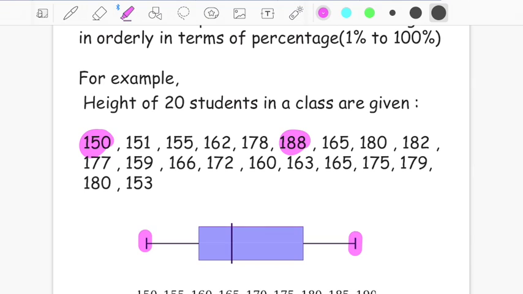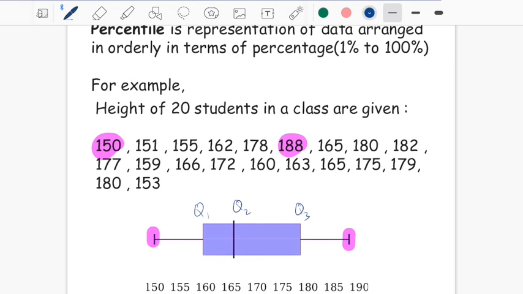This is the max and that's the min, right? And you can see that we have our Q1, Q3 and Q2 here. So the first percentile is here. We call this the first percentile. So let me show you here.